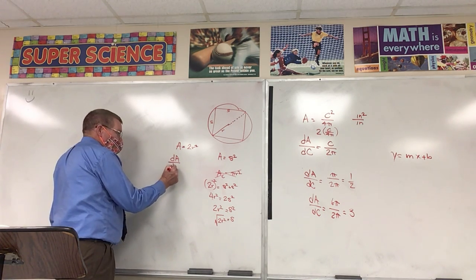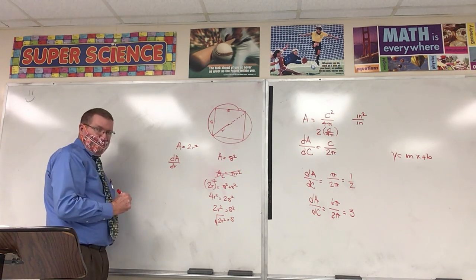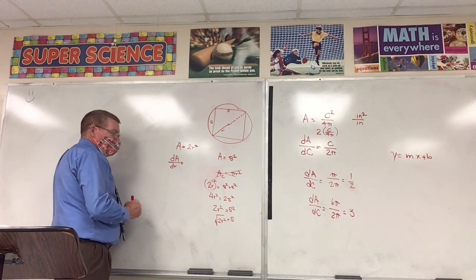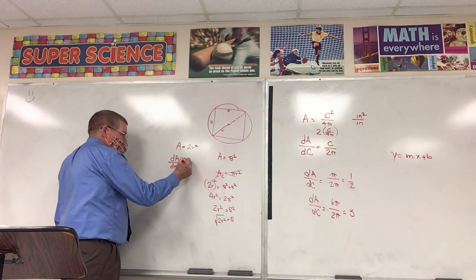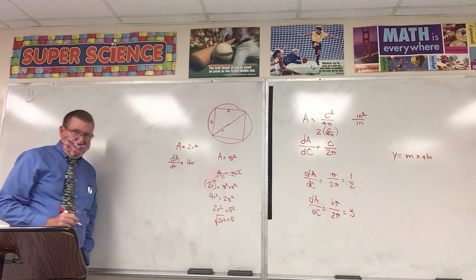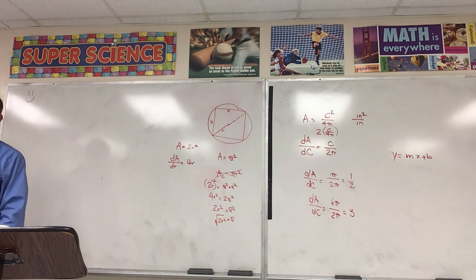R. So dA/dr equals 4r. That means every time the radius changes by 1, the area is going to change by 4.